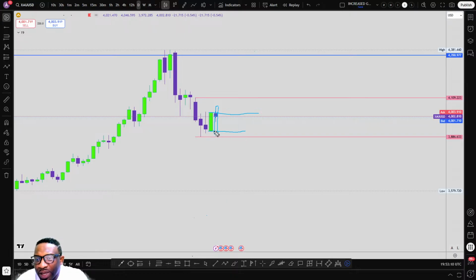But so long as price pushes down and has a body close below this candle, then we're looking to be going south, a downtrend.